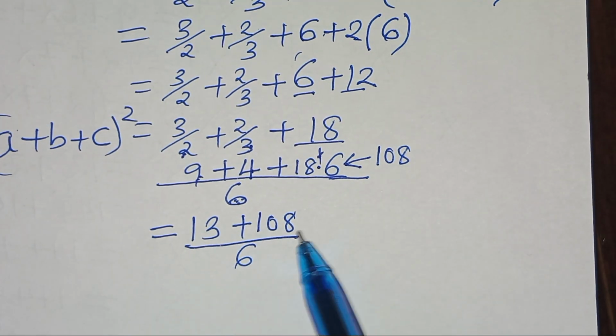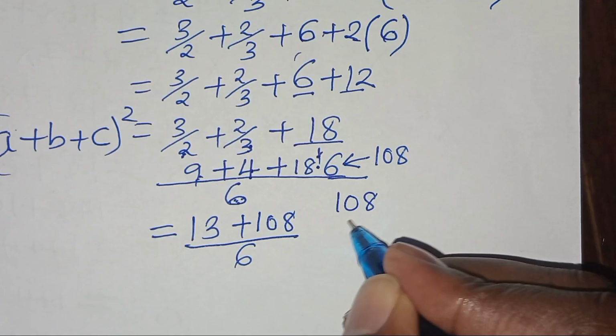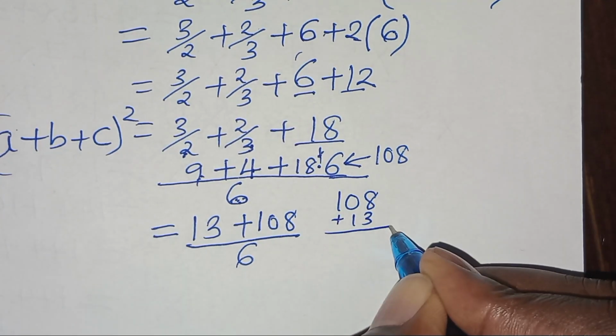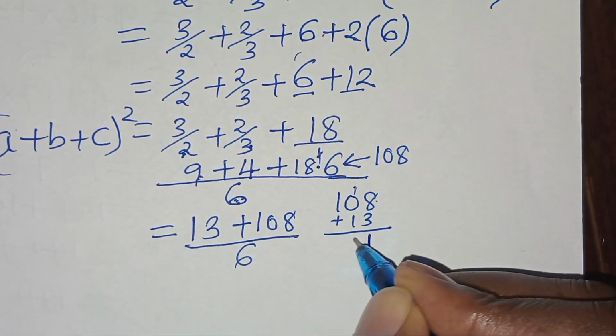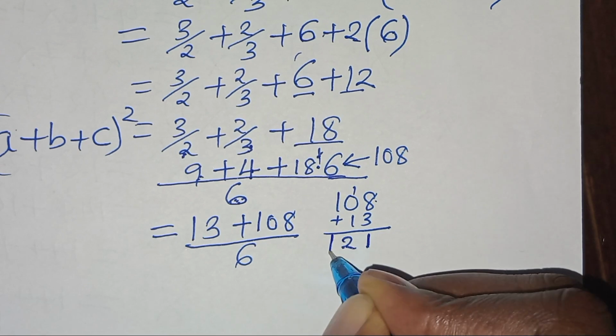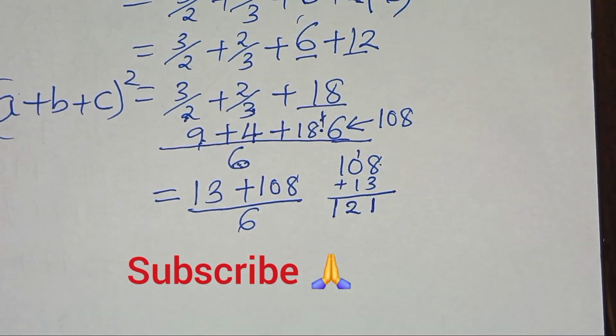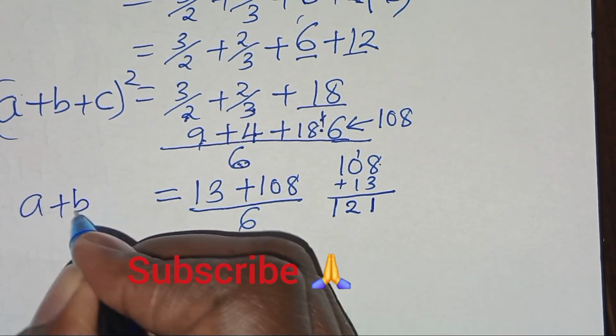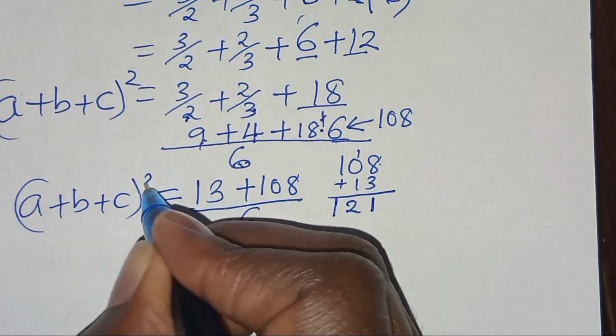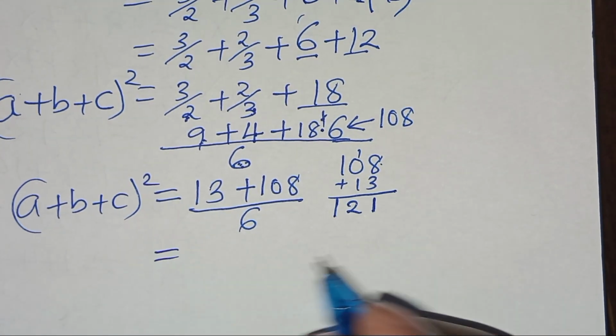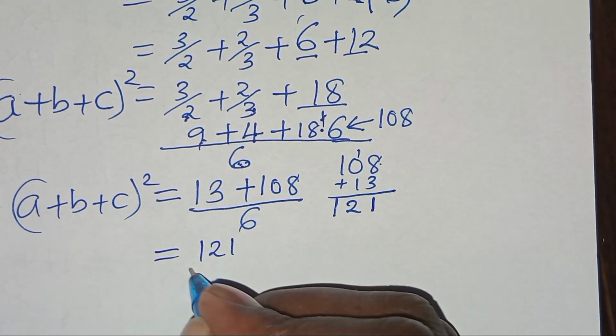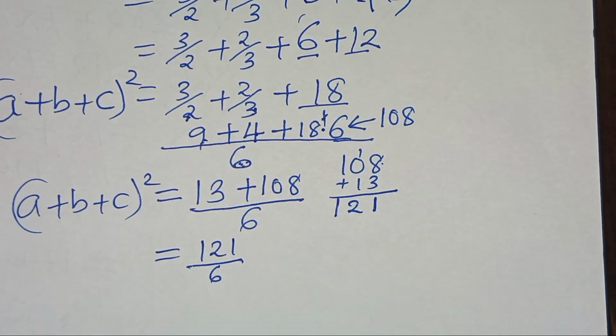So 13 plus 108, we have 108 plus 13 here. So we'll have 121. So this implies that a plus b plus c squared is the same thing as 121 divided by 6.